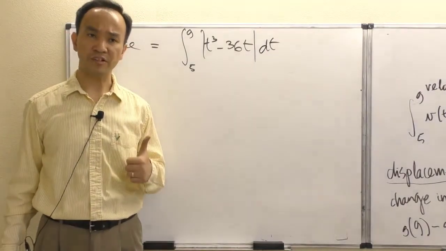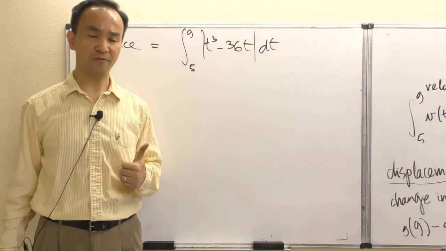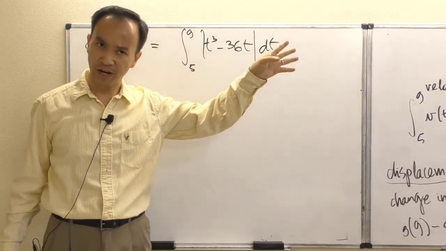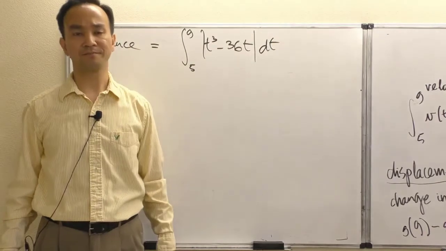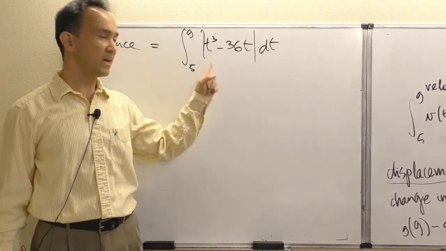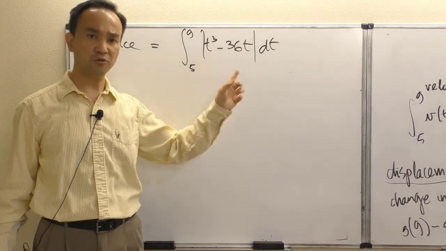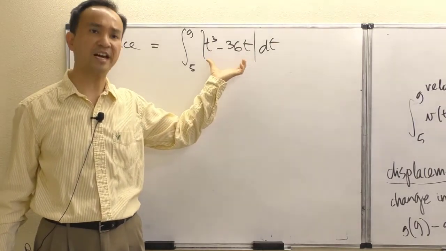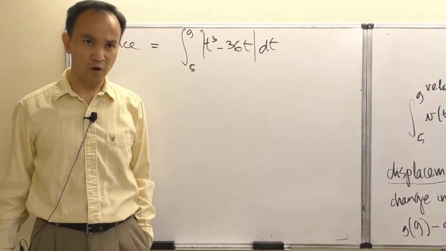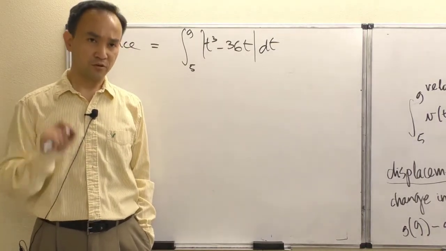Eventually we have to find an antiderivative, but we have never learned, and we will never have, a technique for directly handling the antiderivative of an absolute value. So we have to use a workaround. Take my word on this.